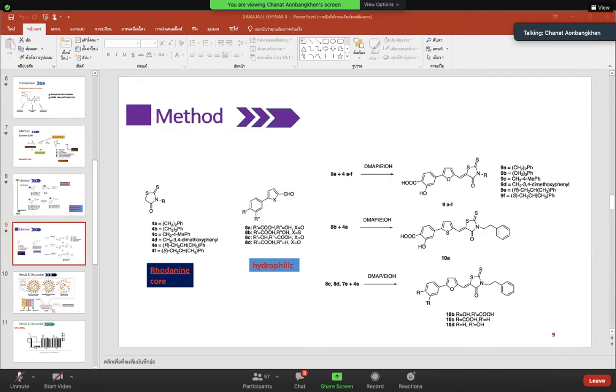I think the question is how do you come up with this core structure of rhodamine, right? The rhodamine scaffold has been used in the past for antiviral treatments.